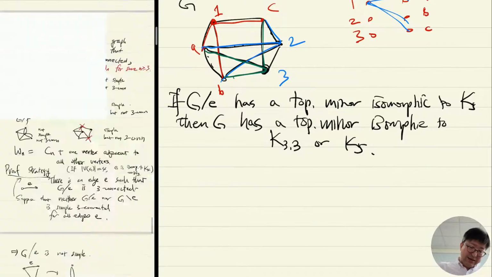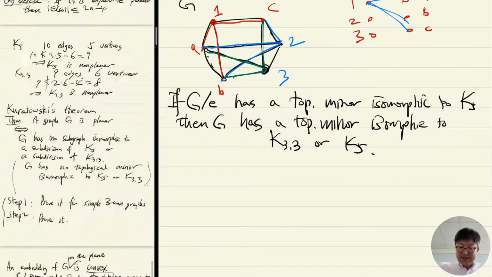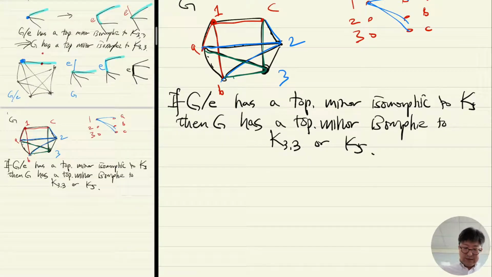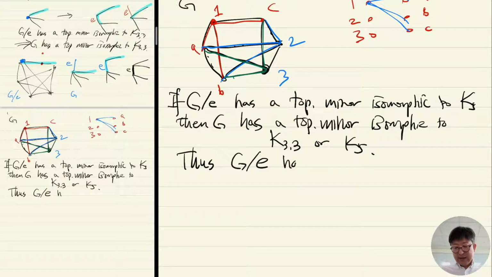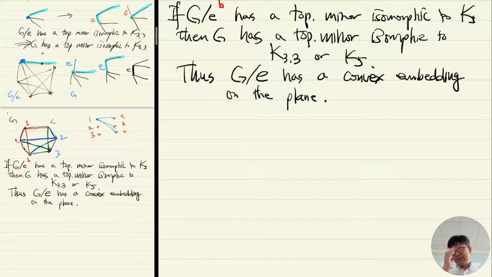All right? So that's good. Why? Because I can apply the induction hypothesis. Thus, G contract E has a convex embedding on the plane. All right.